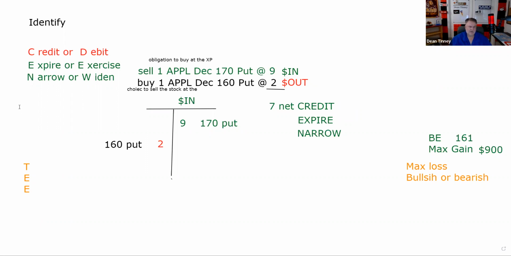Now, kind of a trick on a spread: the gain and the loss always equals the difference in the strikes. That's the whole point of a spread. I'm saying I want to play between 170 and 160, and then I don't want to play no more. So as a test taker, you could eliminate any 2 numbers that don't add up to 10.